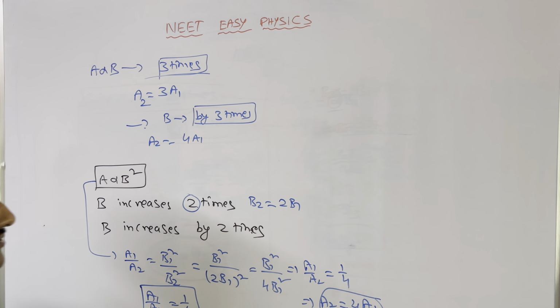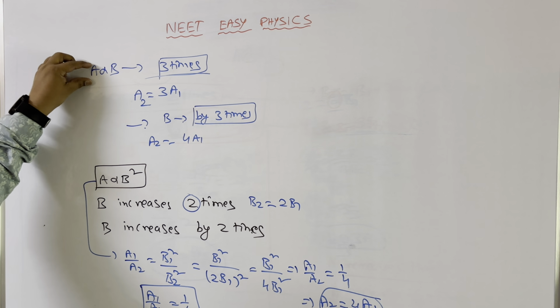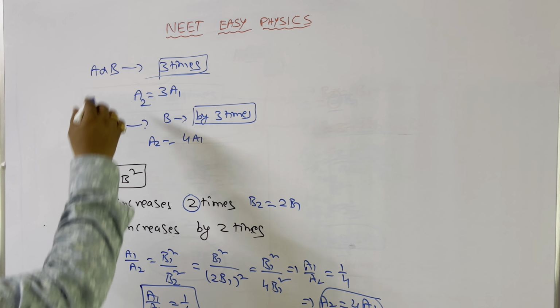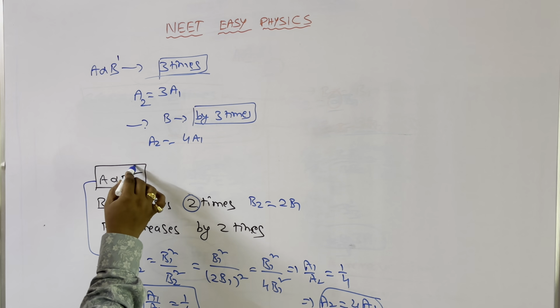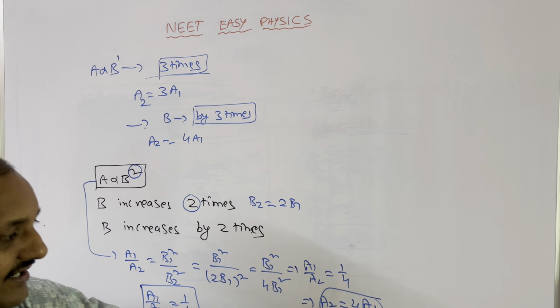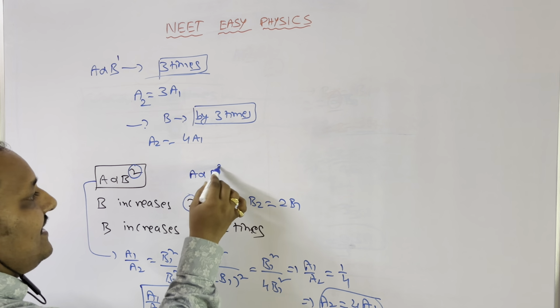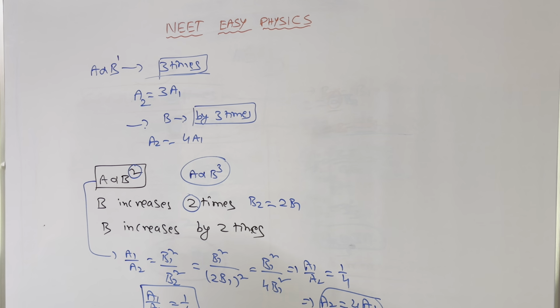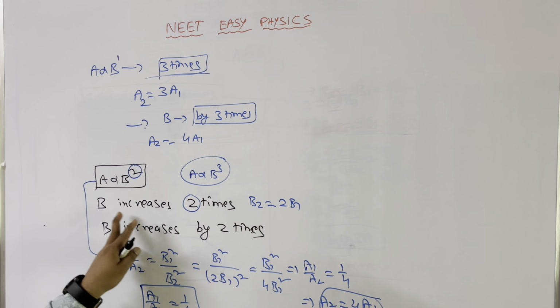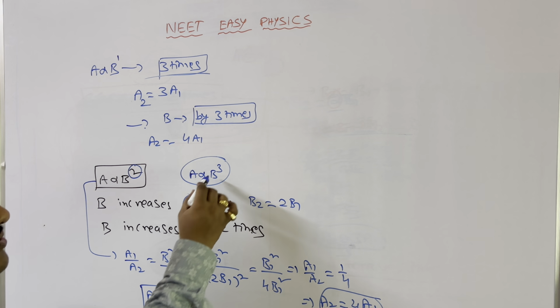So in the exam you need not do all these things. We already got it in directly proportional. If it increases 3 times, A also increases 3 times because power 1 is there. Here it increases 2 times, and square is there. Finally you got 4 times. Let us assume you are going to do A is directly proportional to B cube. Now B increases 2 times. Whenever cube is there, it means 2 cube.